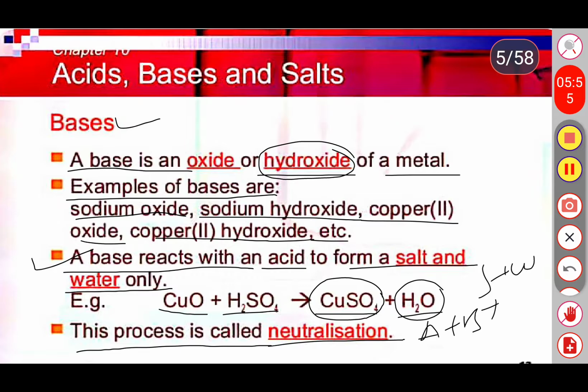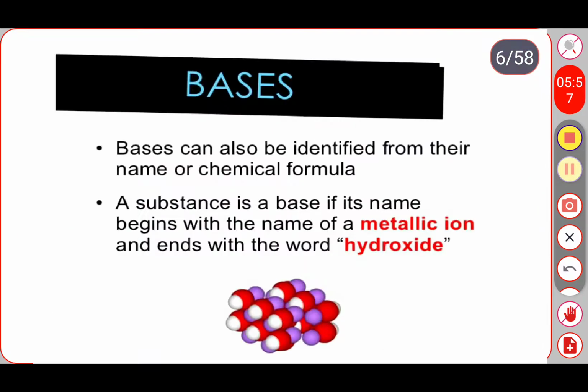Let's see some information about the bases. Bases can be identified from their names and chemical formulas. A substance is a base if its name begins with the name of a metal ion and ends with the word hydroxide.